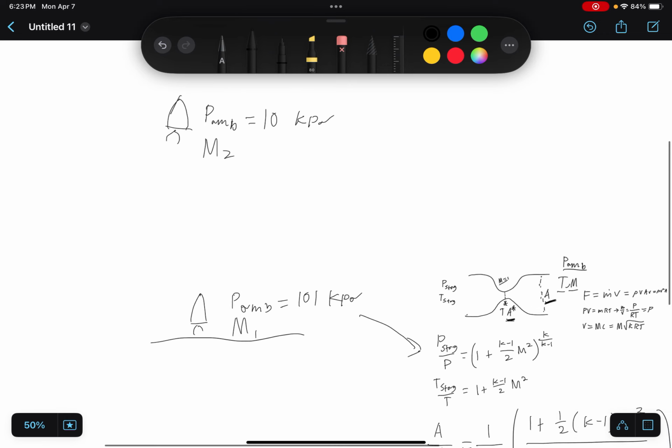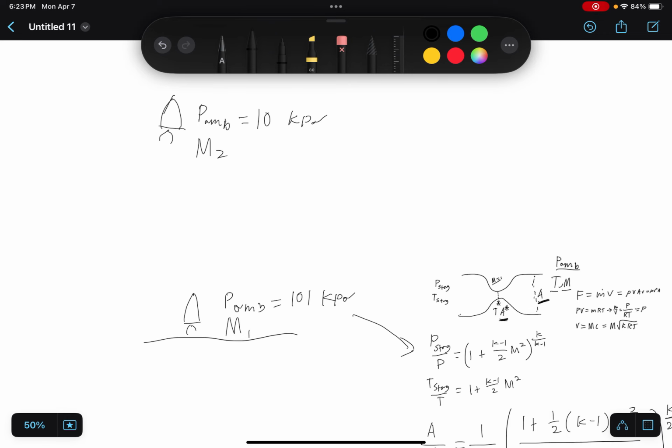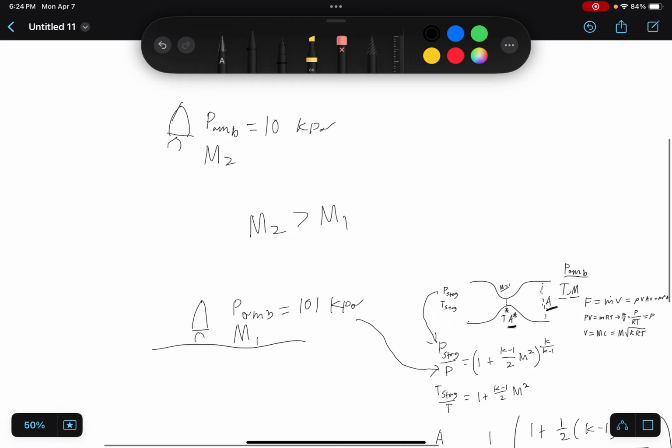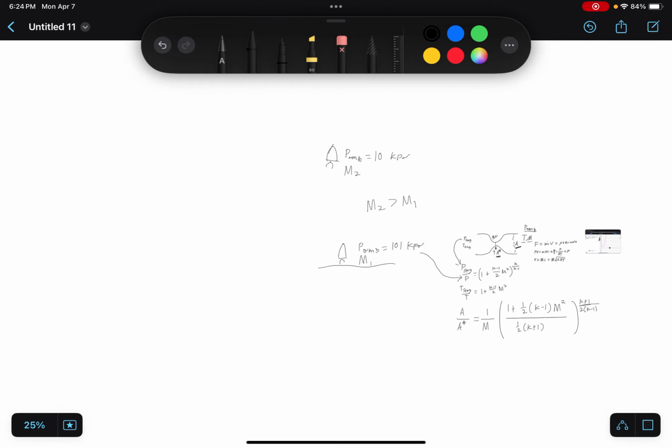And you should end up with M2 being greater than M1 because the pressure P amb would be plugged into the denominator. I'll draw that specifically. Plug it into the denominator. And P stag you plug into the numerator. So you should end up with M2 greater than M1.